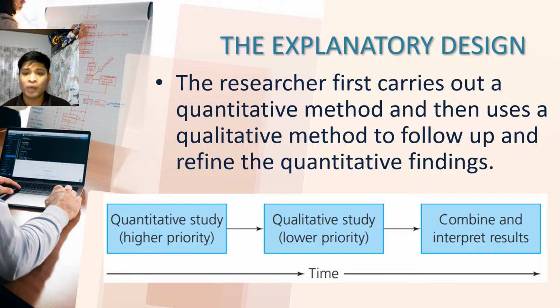This is the reason why the explanatory design was created, because in this approach, the researcher initially does a quantitative method followed by a qualitative method to confirm and expand on the quantitative results. The results of the qualitative analysis are used by the researcher to supplement the findings of the quantitative investigation. So the two forms of data are separately assessed.